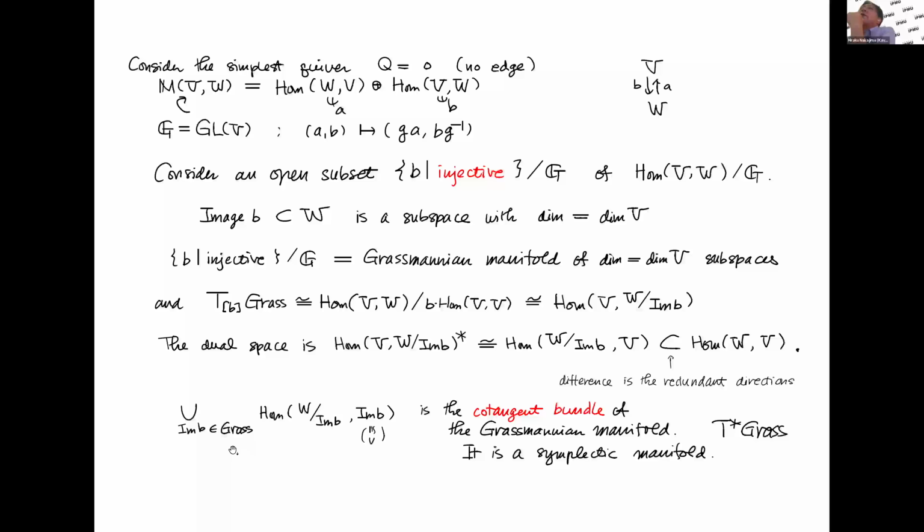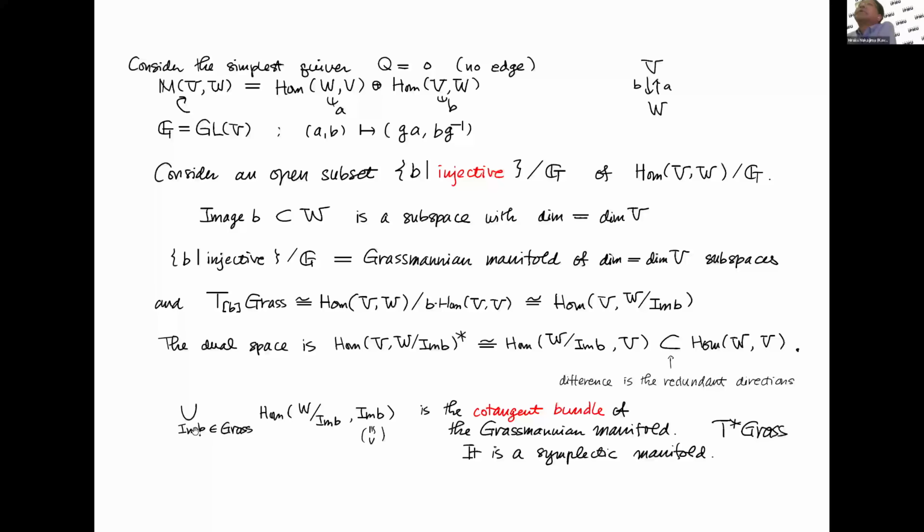And then you have this vector space, and if you move all the images of B in the Grassmannian, then from this description, this space Hom(B, W) divided by image B is the tangent space, and we are considering the dual space of the tangent space.